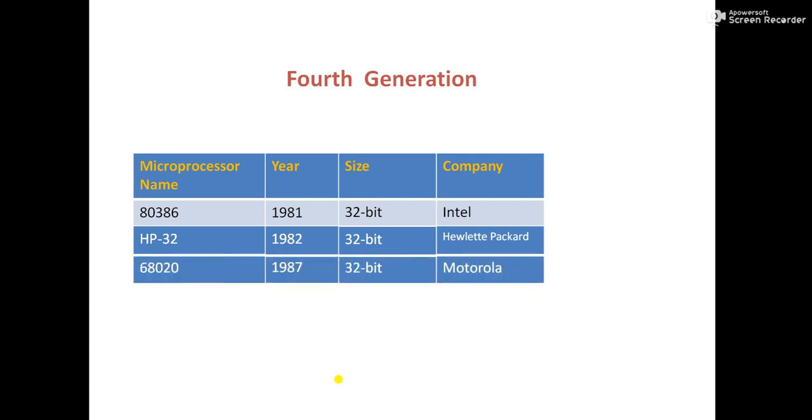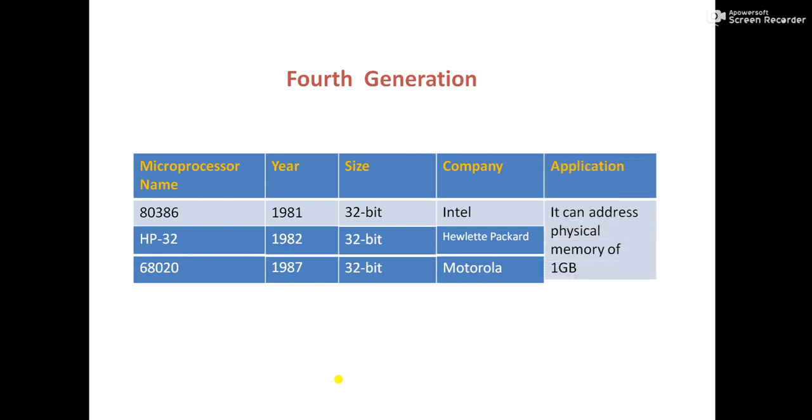In the year 1987, Motorola introduced 32-bit microprocessor, and the name of the microprocessor was 68020. In this generation, it can address physical memory of 4 GB. These are the microprocessors from fourth generation.